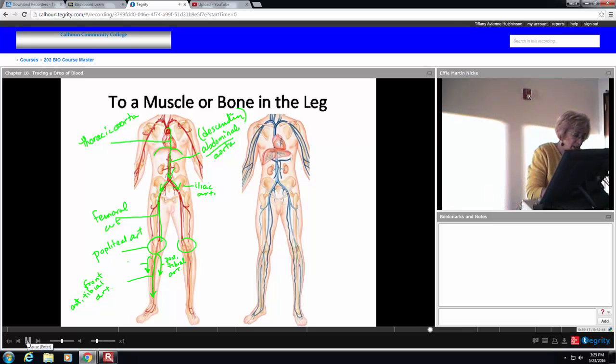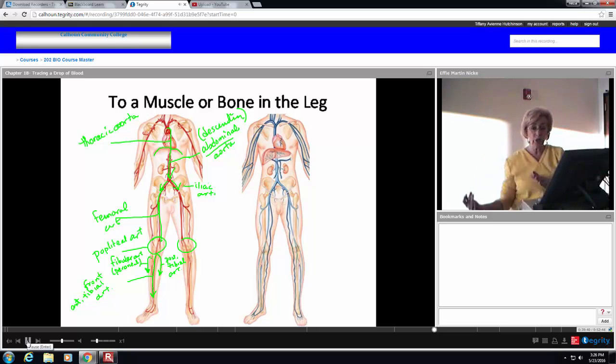You're going to be in either the fibular artery or it's sometimes called peroneal artery. Okay? So once you leave the knee, it's either going to go to the front of the leg, anterior tibial, or you take the exit to the back of the leg, posterior tibial, or you take the exit that goes down toward the fibula, which would be the fibular artery.